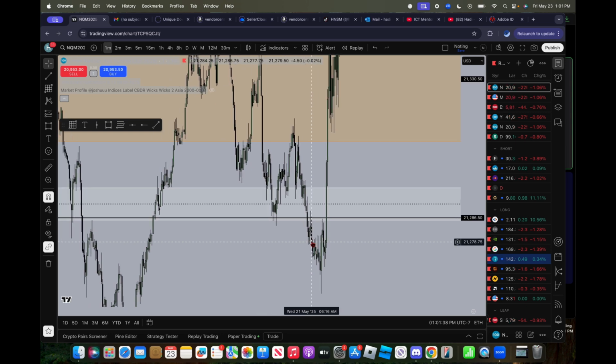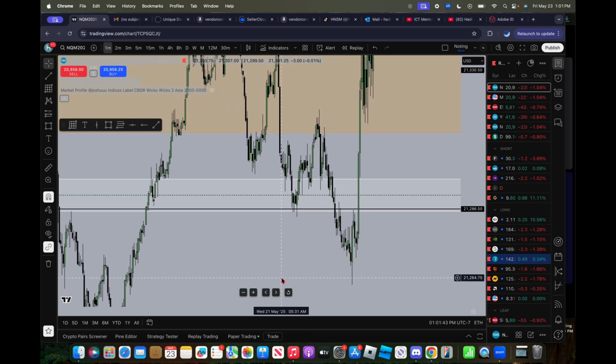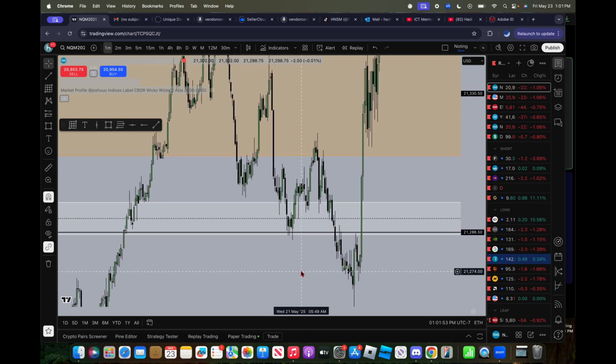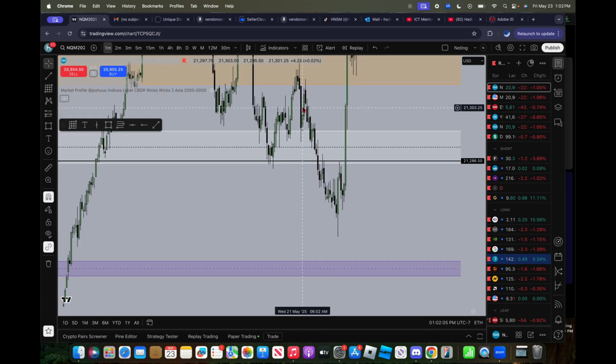So if you did take a long, which by the way I don't really see a low time frame model, but I could be wrong, if you went long somewhere around here, this would be a break-even stop. And then we trade lower, spooling.